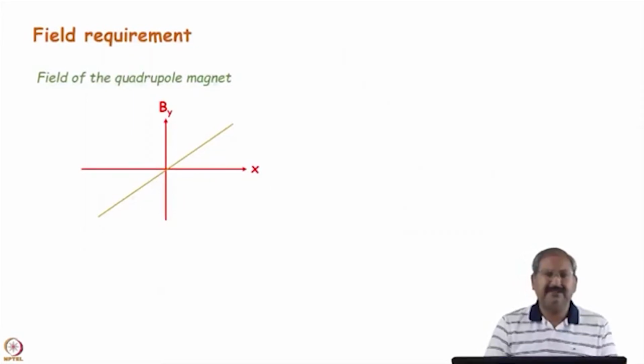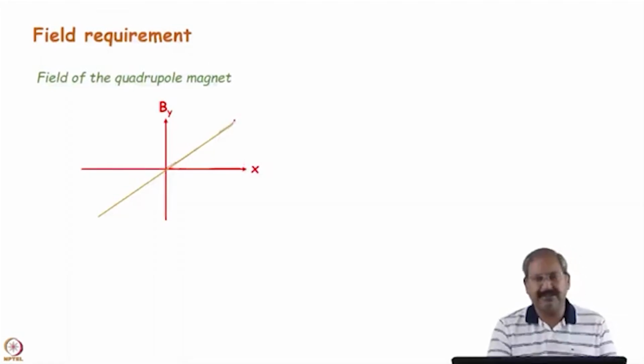Now consider again the field of a quadrupole magnet. The field of a quadrupole magnet increases linearly with x. This is the vertical component of the field which is drawn here, and this is the horizontal displacement from the design axis. So the field linearly increases in the case of the quadrupole magnet.